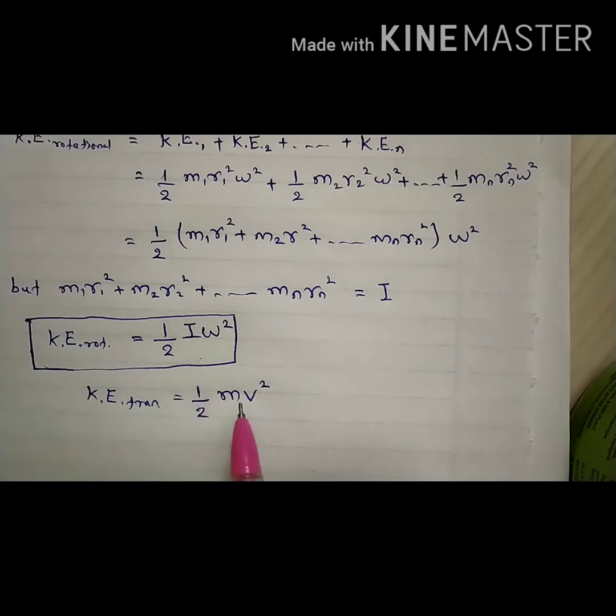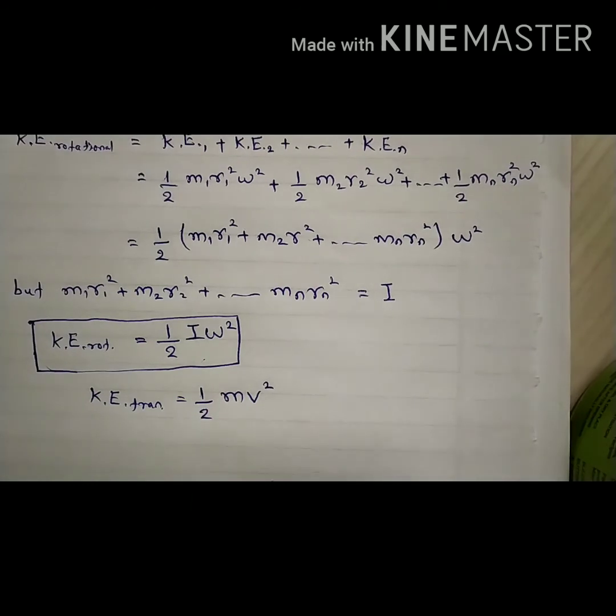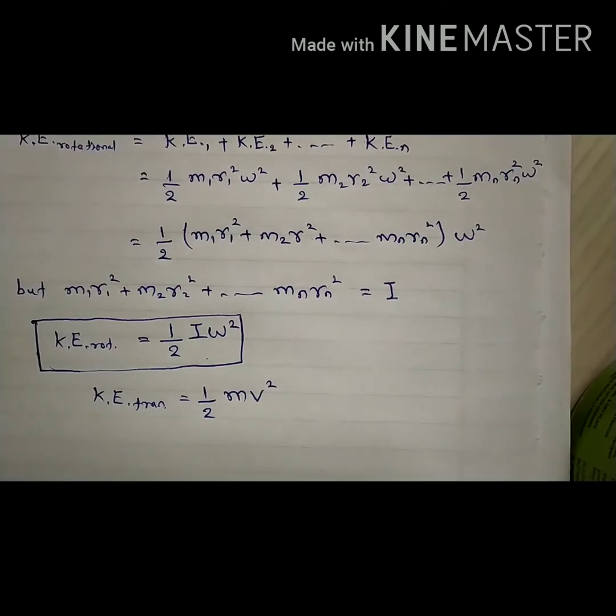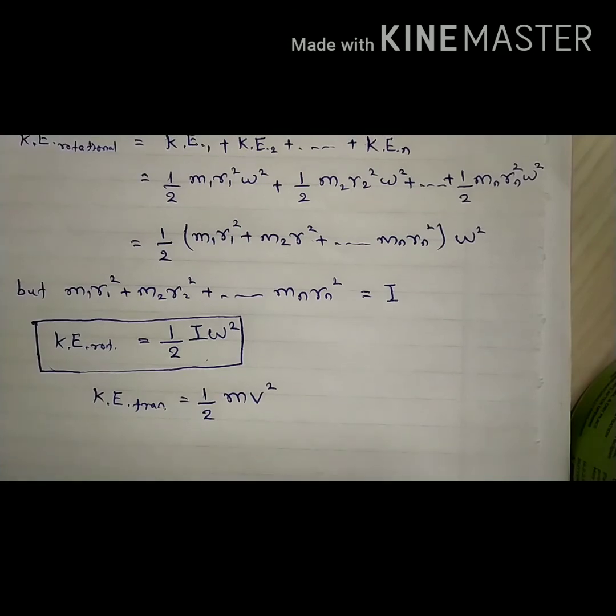If a body is heavy, then obviously it is difficult to change the state of that body. The mass of the body is the tendency of the body to maintain its state of rest or of uniform motion.